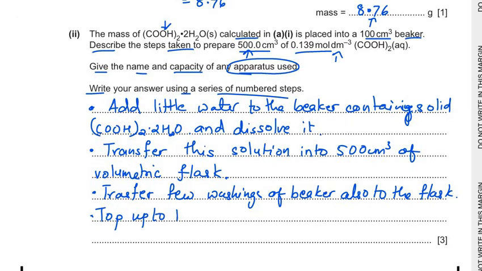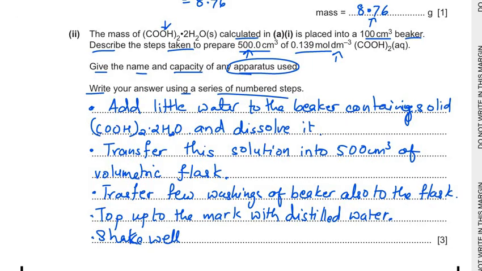Each volumetric flask will have a particular mark, so top up to the mark with distilled water. Specify distilled water because to prepare any solution we use distilled water only. So top up to the mark with distilled water, and then we can say shake well.